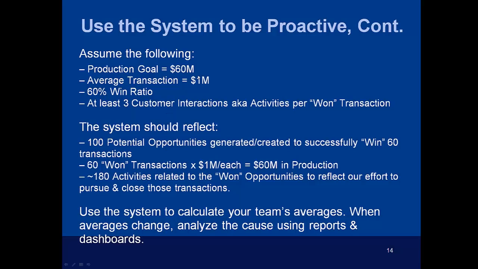However, if we make a couple adjustments to this, if your average transaction amount goes up, well, you know that you need to close fewer deals, right? Because you're getting to that 60 million more quickly. If it goes down, you know that you're going to have to close more deals because your average amount has lowered. Same thing with your win ratio.